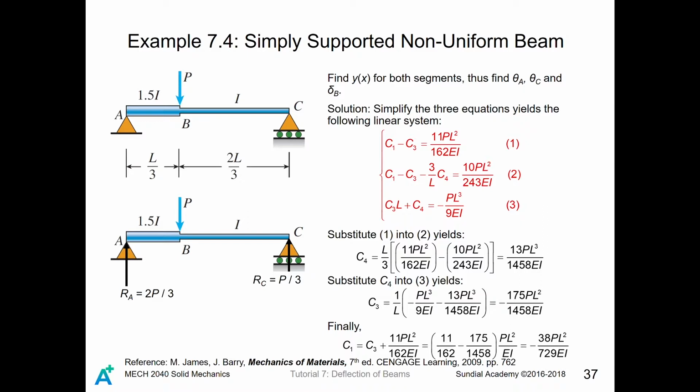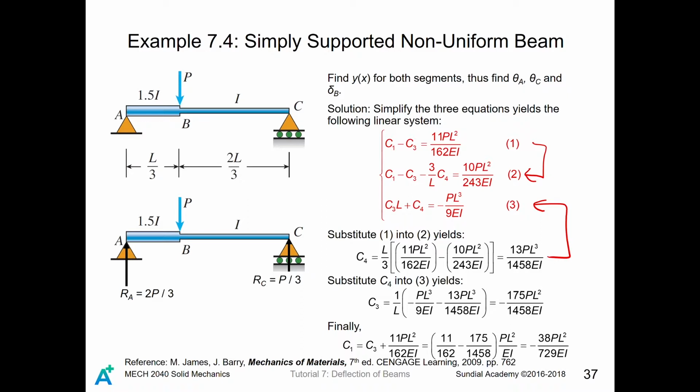We substitute 1 into 2, and after we get C4, we can put C4 into equation 3. Then it will help us to get C3 equals to minus 175 PL squared divided by 1458 EI.